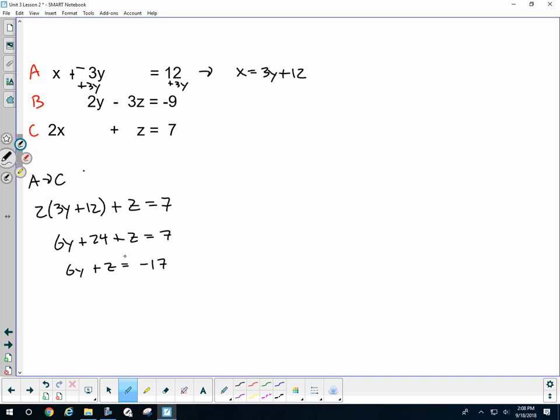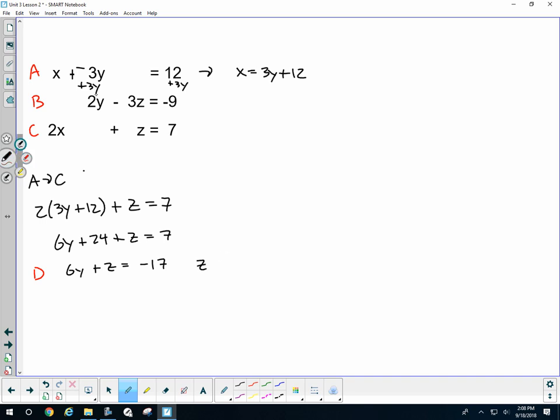So you're going to manipulate this equation we just created. What are you going to do with it? Solve for z. So I'm going to call this new equation D, and I'm going to solve D for z.